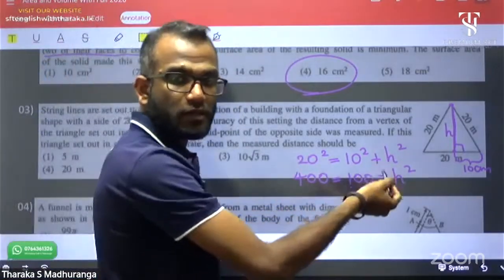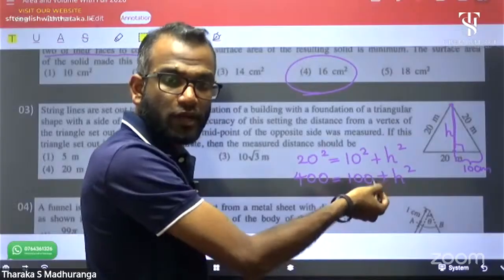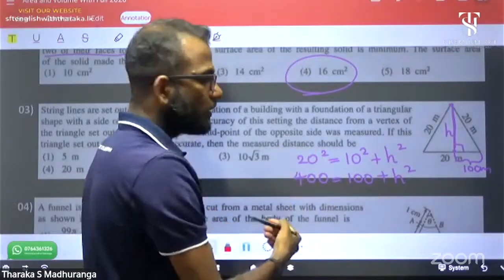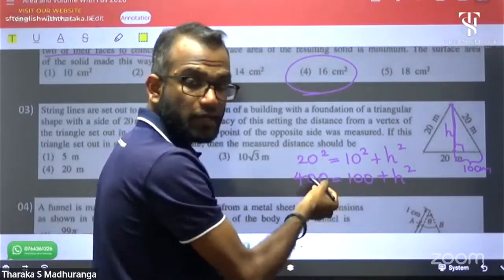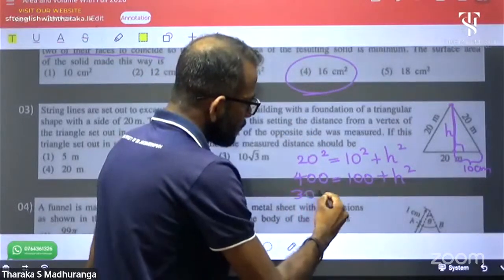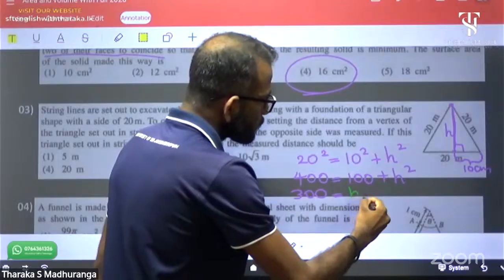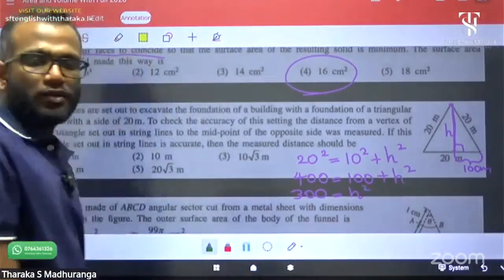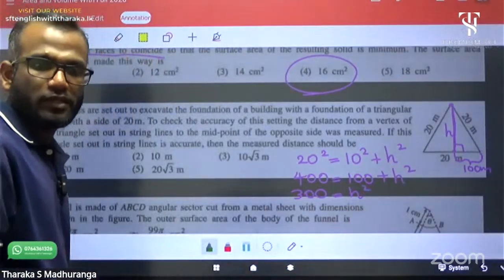To isolate h squared, move 100 to the left side: 400 minus 100 is 300. So 300 equals h squared.